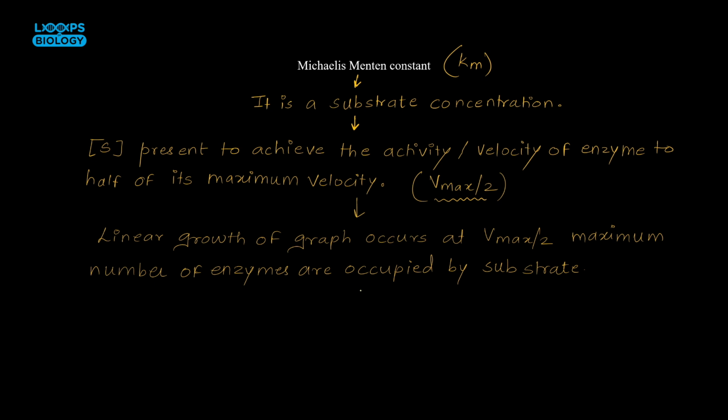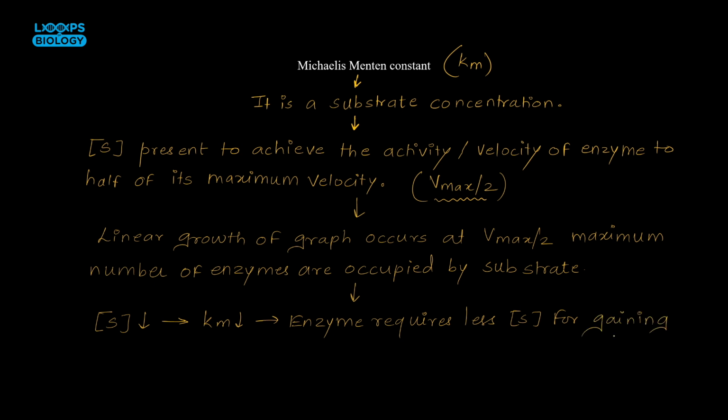And whenever I am talking about lower substrate concentration, that means Km is also low, and that means the enzyme requires less substrate for gaining maximum velocity. That is nothing but your Michaelis Menten constant.